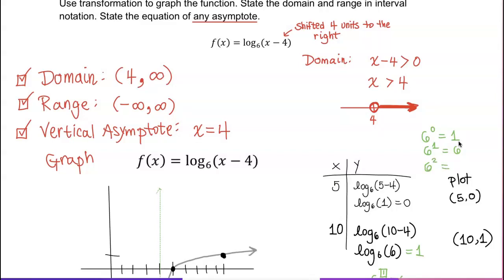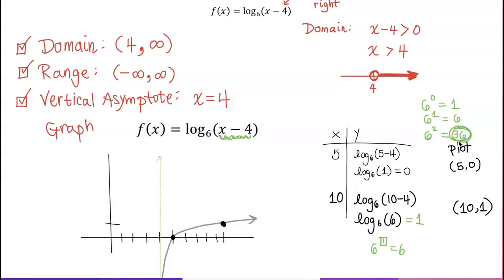If I do 6 squared, I know I'm going to get 36, right? So I am going to be thinking about what should I plug into this argument x minus 4 to get 36? And I would have totally done 40 as my next x choice.